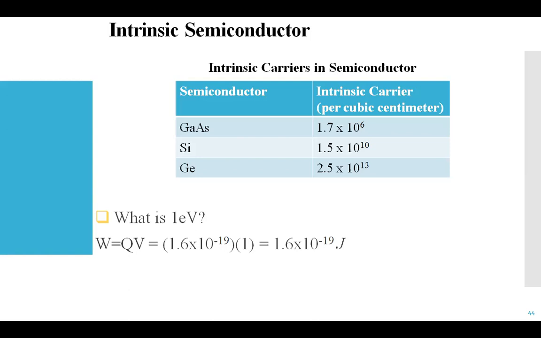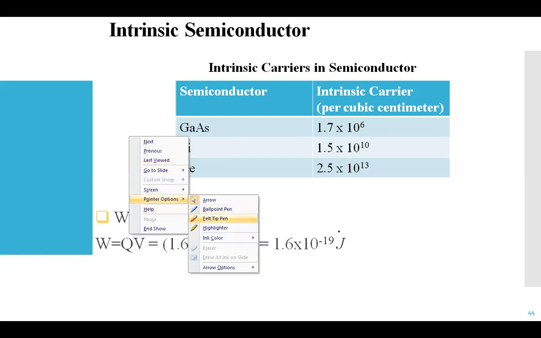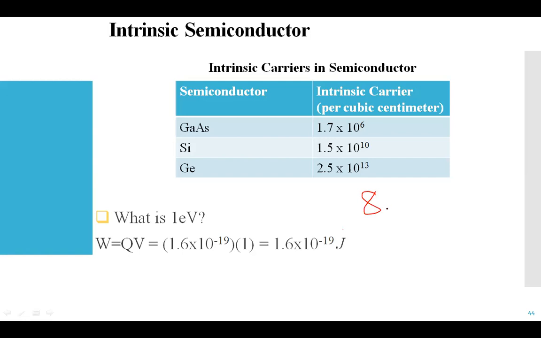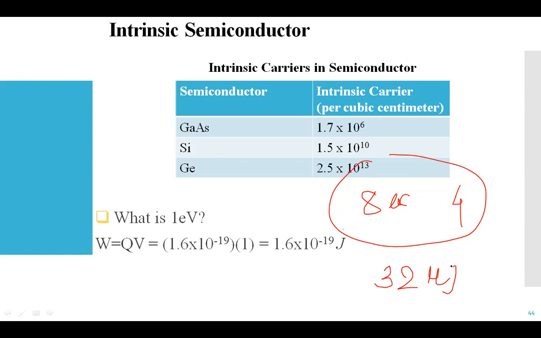So if you have a charge of 8 microcoulombs and a voltage of 4, then you will get around 32 microjoules. Yes, it is 8 microcoulombs. So in this way, you can identify the energy. This is just one example given here, and you can identify the other parameters also.